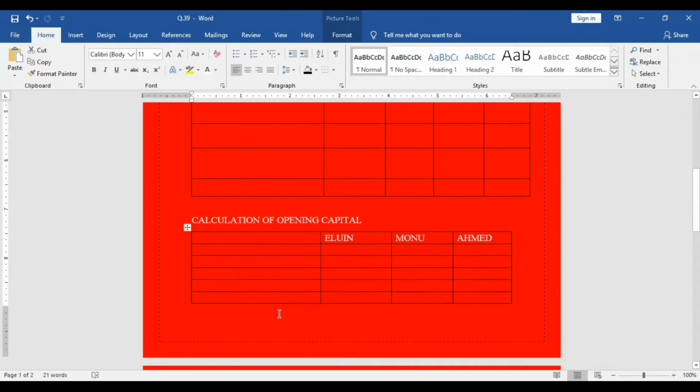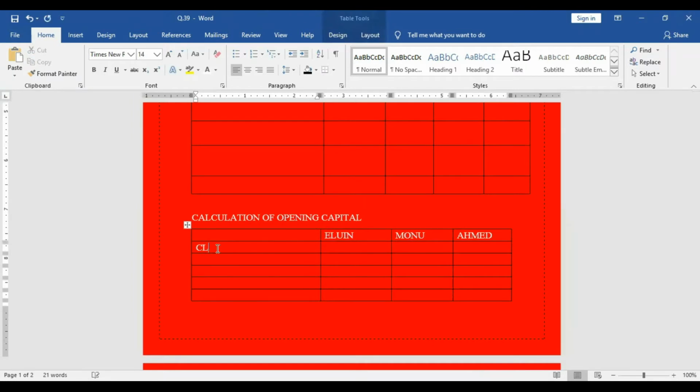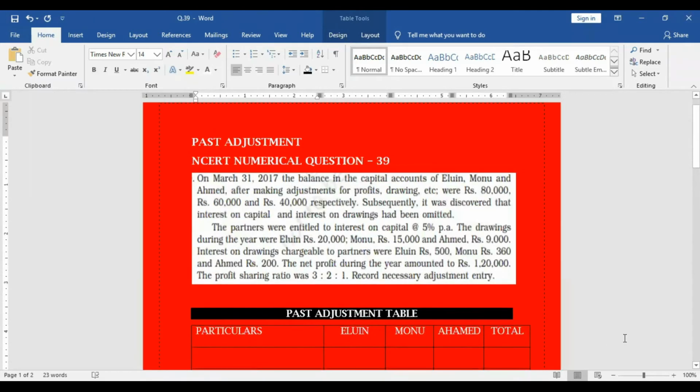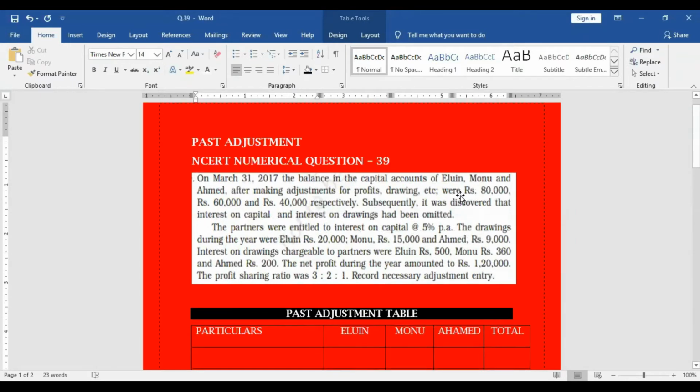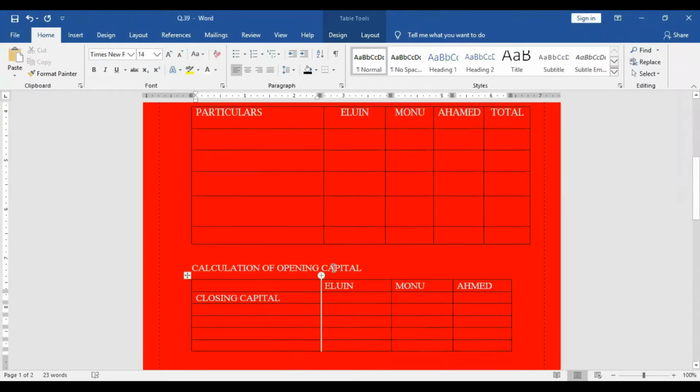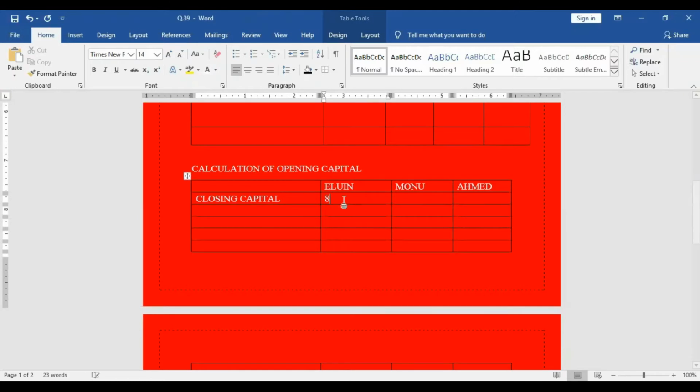To calculate the opening capital, write the closing capital of all the partners. For Yelun it is 80,000, for Monu 60,000, for Ahmad 40,000.